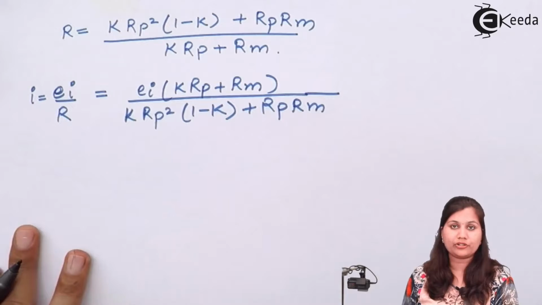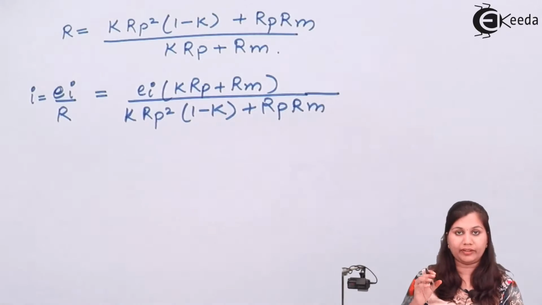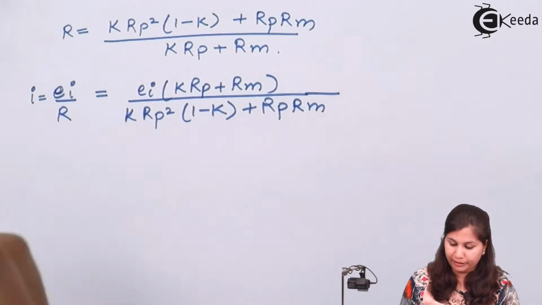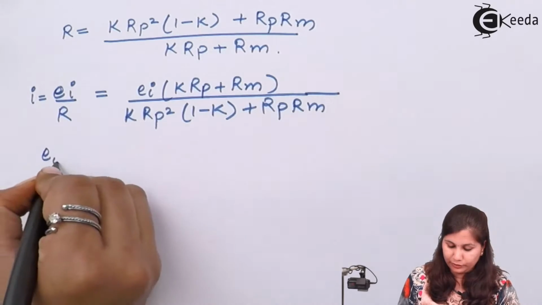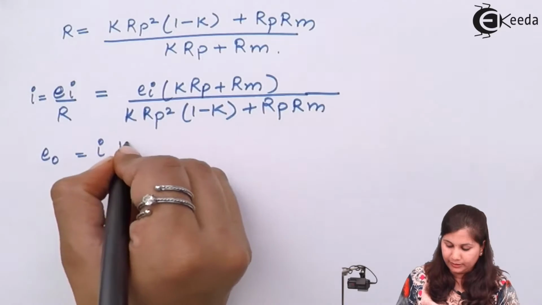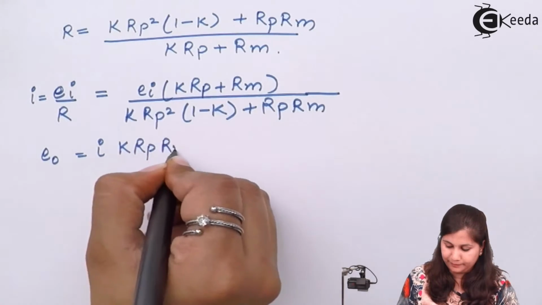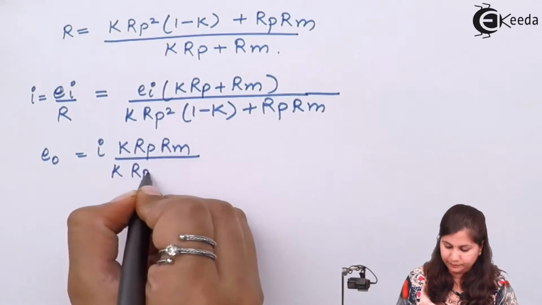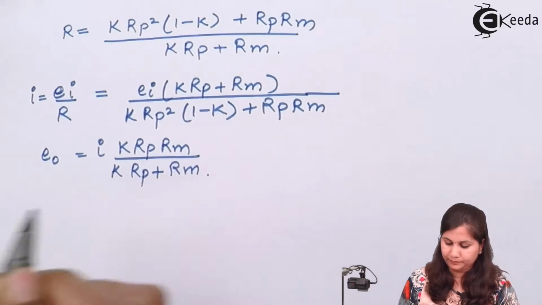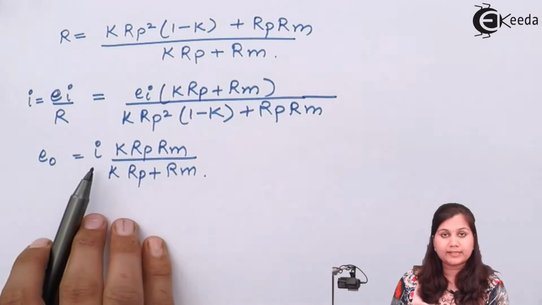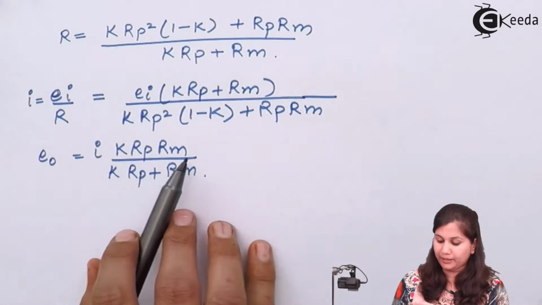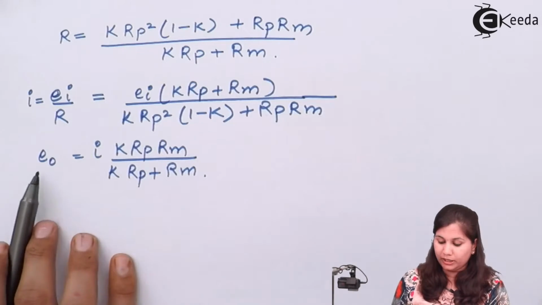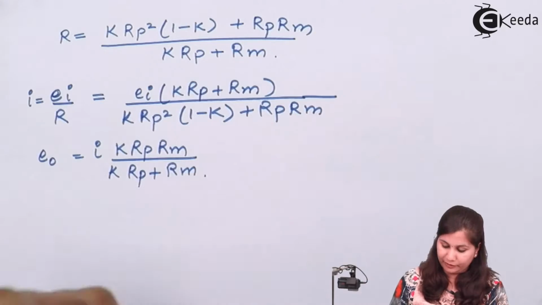Now the output voltage under these load conditions, when we consider the resistance of the output measuring device, E naught will be equal to I times K Rp Rm upon K Rp plus Rm, that is a parallel combination.